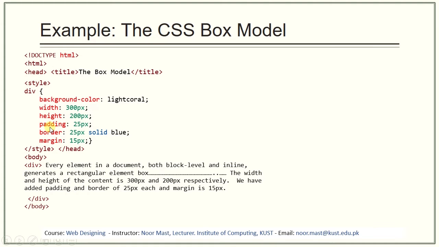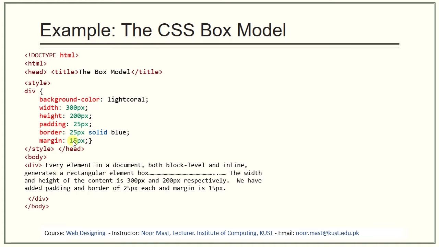And padding, which represents the transparent area around the contents area, has 25 pixels around the contents area, where the thickness of the border is 25 pixels and its color is blue. And the margin area around the border is 15 pixels, used to separate an element from other elements.